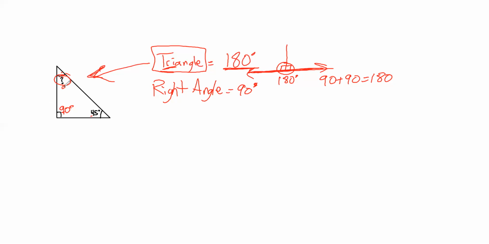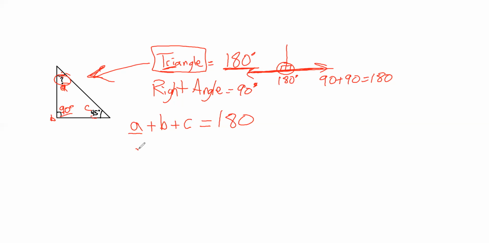Okay, so we know all three angles added together. Let's call this A, this B, and this C, and we're just naming those angles. You know that A plus B plus C has to equal 180. Now we do some simple algebra to solve for the unknown variable, which is A. We can plug in B and C because those are known angles.